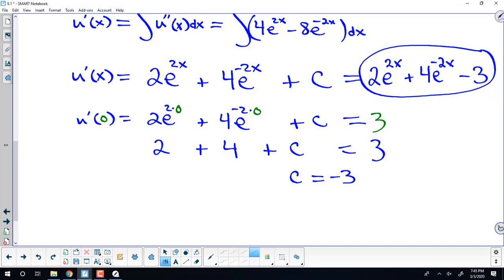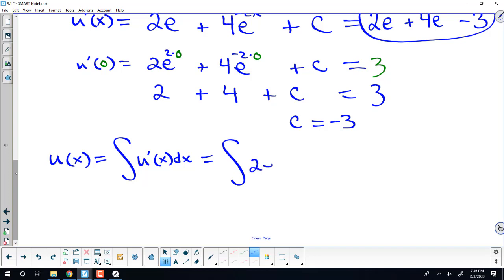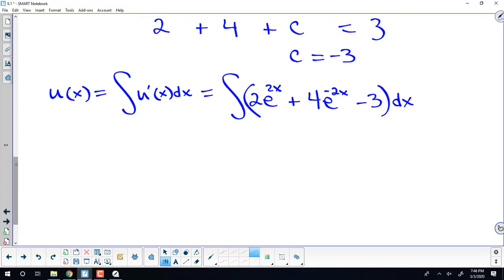So then we do all of that over again with our other initial condition to figure out what u of x is. The antiderivative of u prime gives us our u of x.